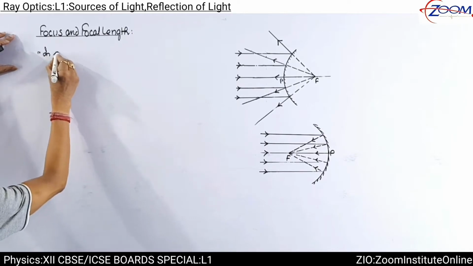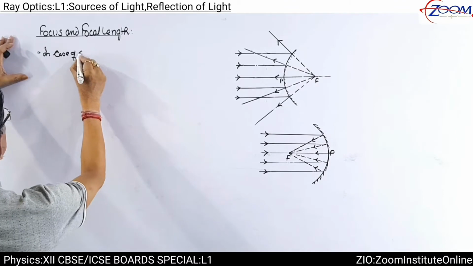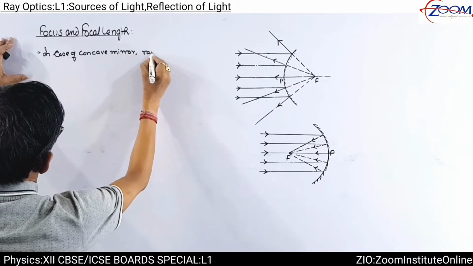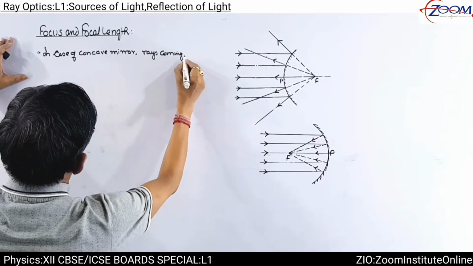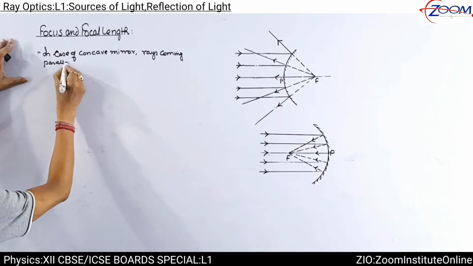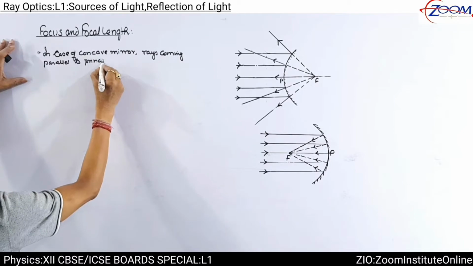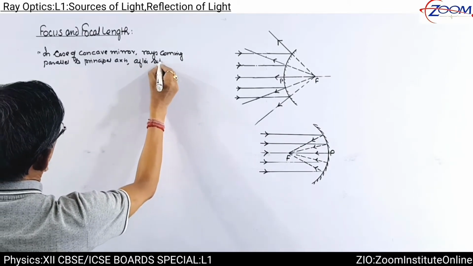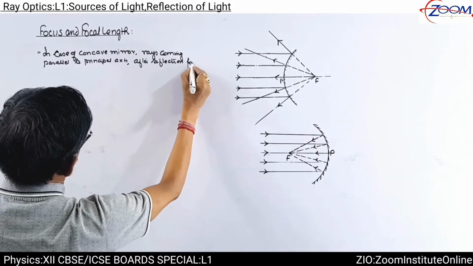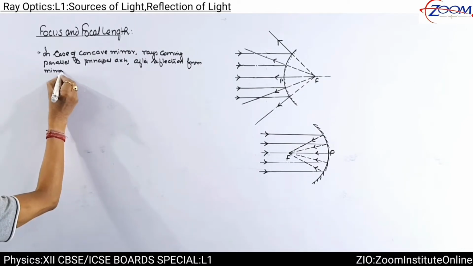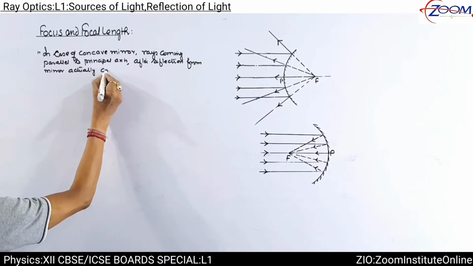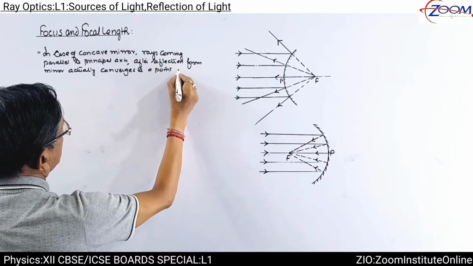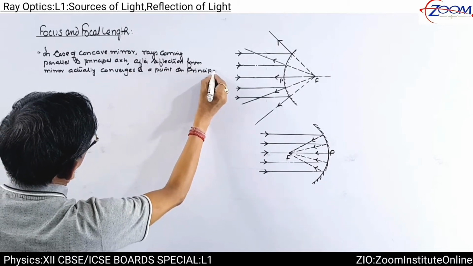Students, in case of concave mirror, rays coming parallel to principal axis after reflection from mirror actually converge to a point on principal axis.